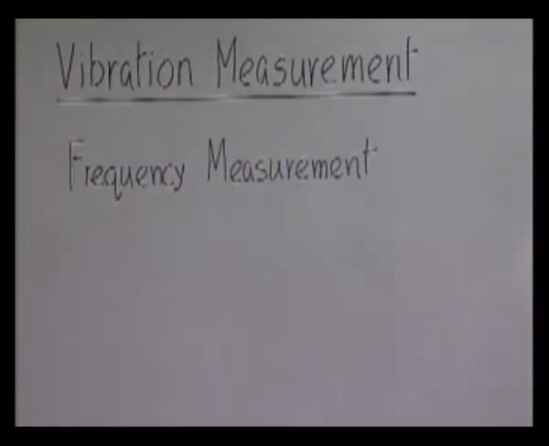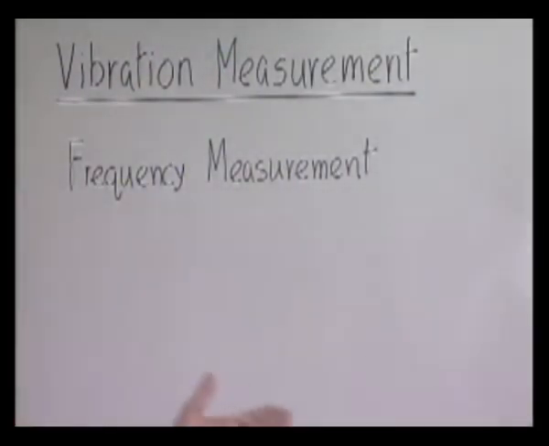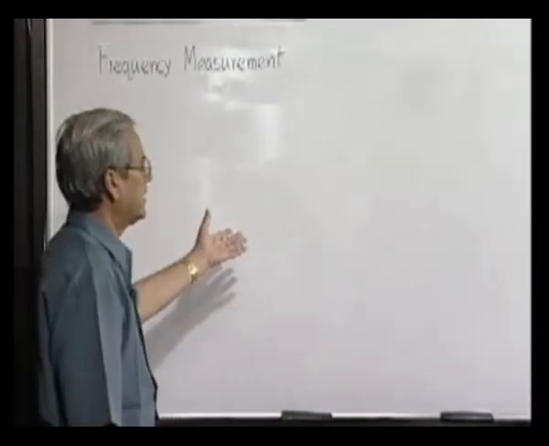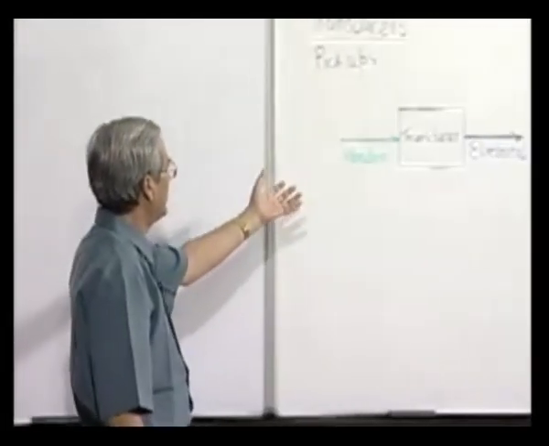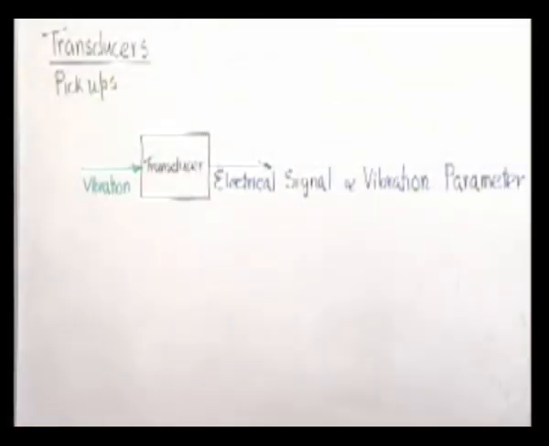Now, frequency measurement in many situations may come out as a byproduct, like for example, if we can sense the whole signal, obviously frequency, amplitude, velocity all may be simultaneously sensed.